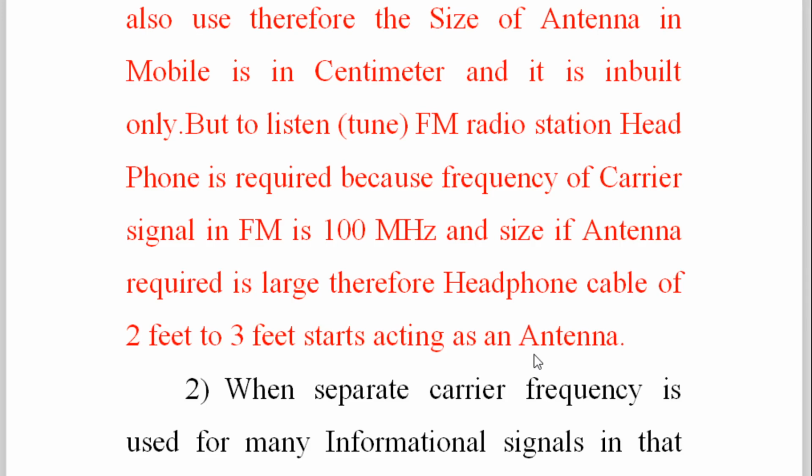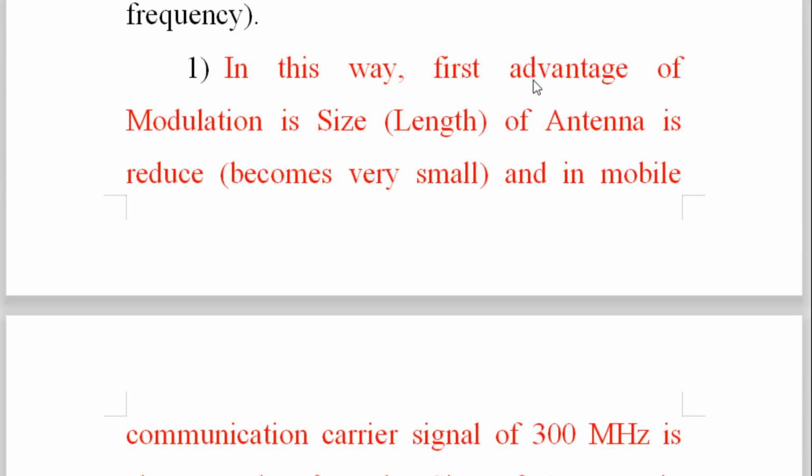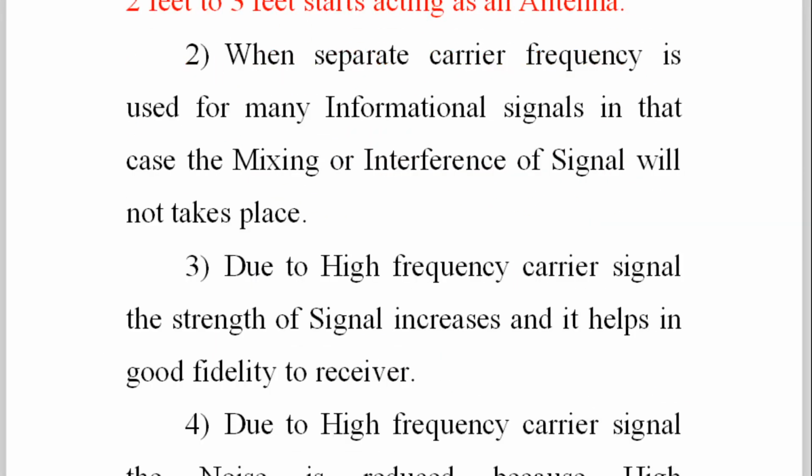Therefore FM radio station programs you can listen to only with the help of a headphone, because in the headphone there is a metallic cable, and that cable works as an antenna. But for mobile communication, the antenna is inbuilt inside the mobile. So the first advantage which we have studied is the drastic reduction in the size, that is the length, of the antenna. That is the first advantage of modulation.